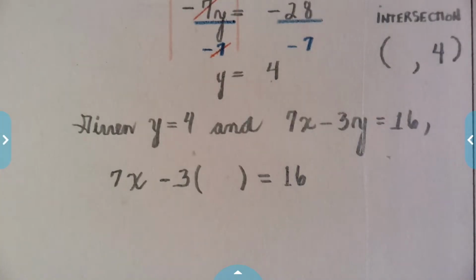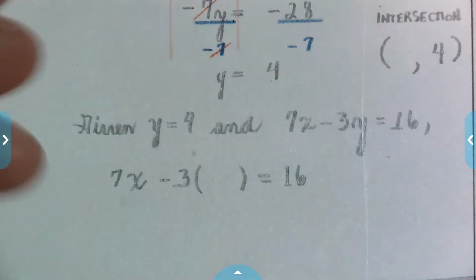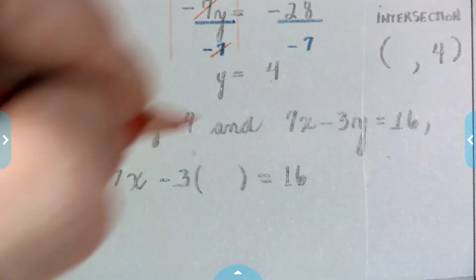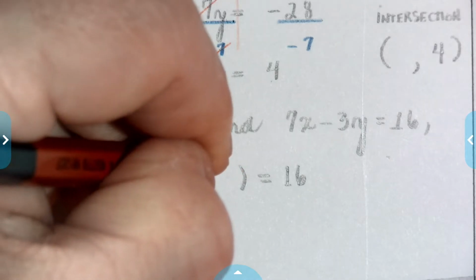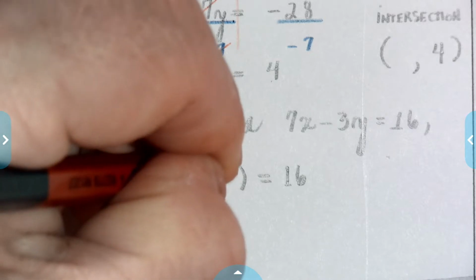And in that open parentheses, I'm going to put the y value that I am going to substitute into this equation. So I'm going to put 4 in here.